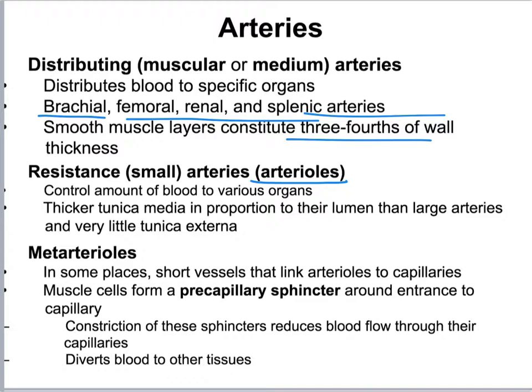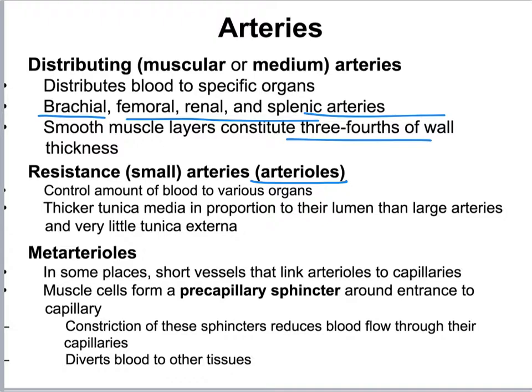The smaller the diameter, the more resistance effect that you get. And it's not linear, it's exponential. So it's actually really hard to control resistance with larger arteries. With smaller arteries, like arterioles, you can get dramatic changes in resistance by having small changes in the amount of blood vessel diameter. This is where your blood pressure is primarily determined.